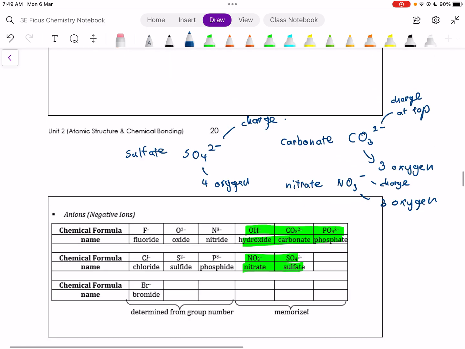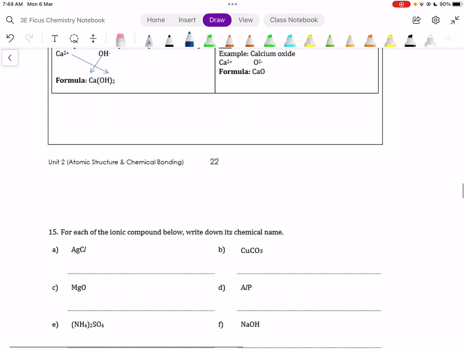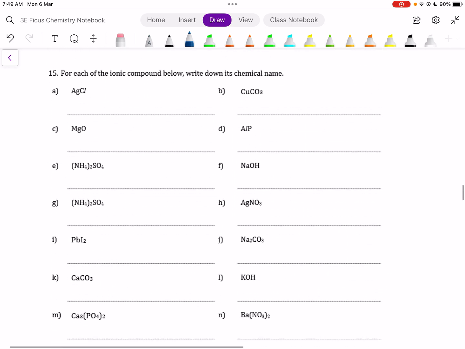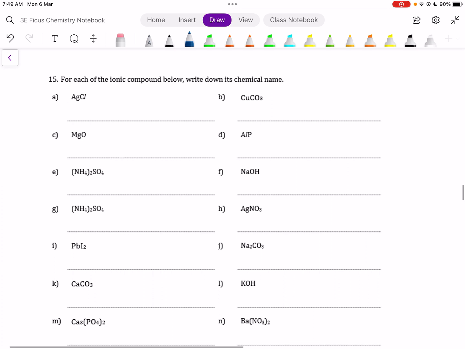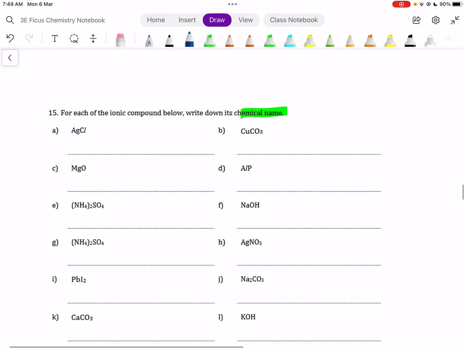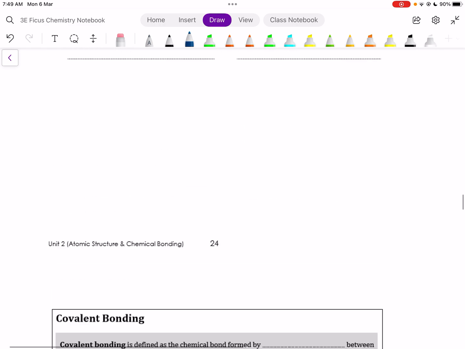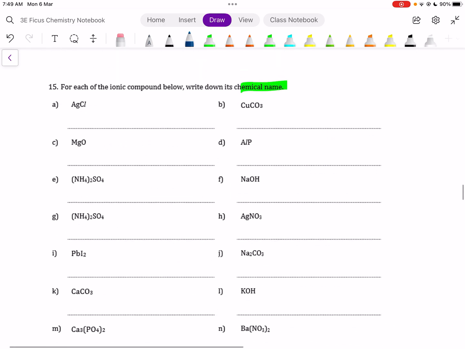Maybe I go through the examples for the naming one first, so that it won't be too many things for you at one shot. Example 15 is for naming the chemical name. Let's go through this part first before I go through the formulas with you, otherwise it's too much information to download at one shot. I shall do 15 first.